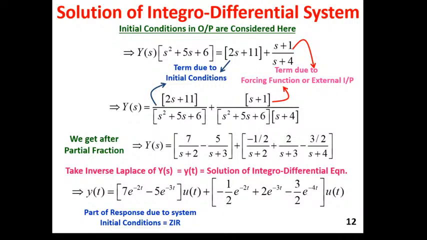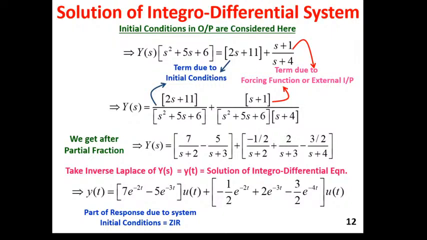So this part is called the zero input response. What is meant by zero input response? When the input is 0, that means we have not given any kind of forcing function to the system, then also the system will produce some kind of response due to its initially stored energy. So the initial condition is nothing but the initially stored energy in the system.